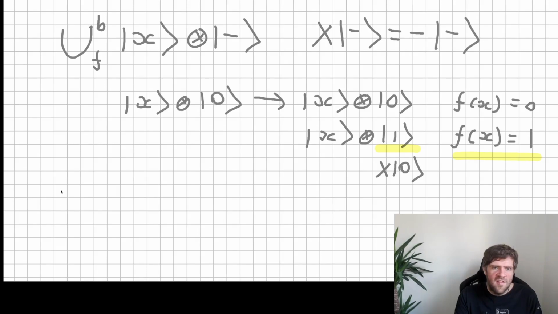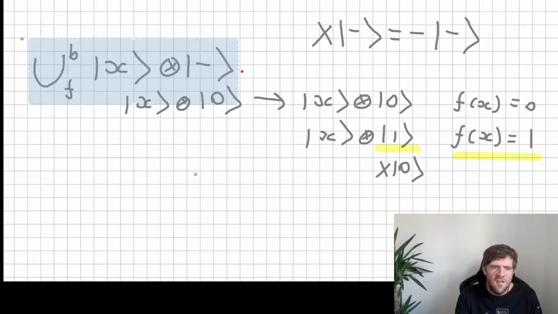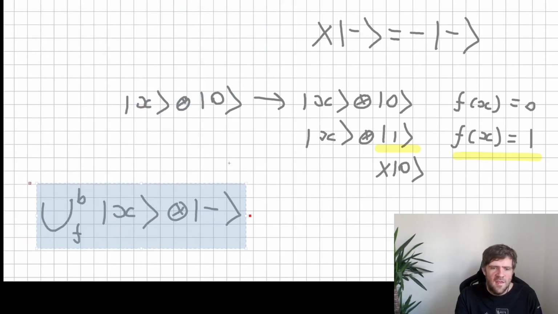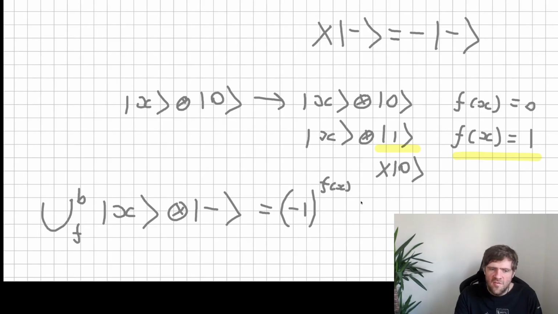So what we find is that when we do this, the result that we get out is in fact (-1)^f(x) times x tensor producted with minus, because it depends on whether this phase has been induced or not.